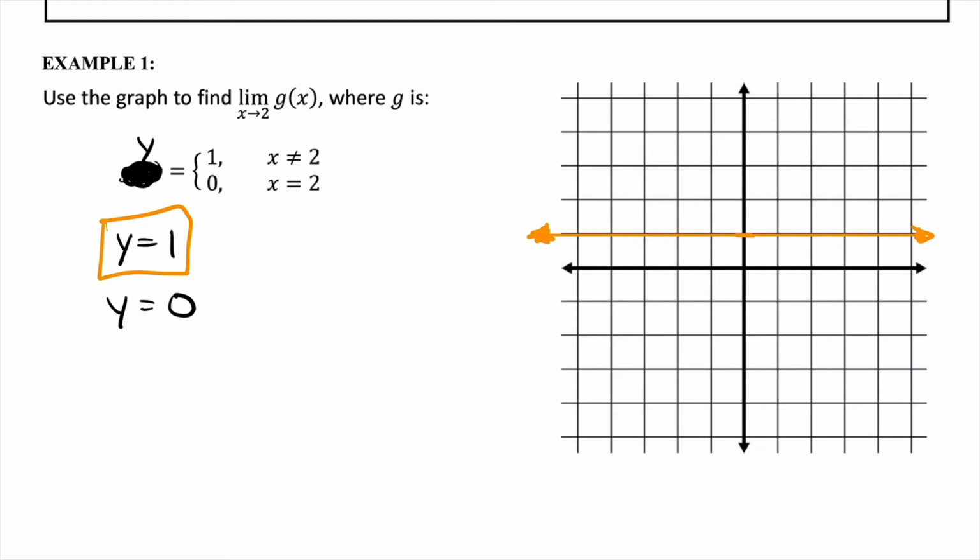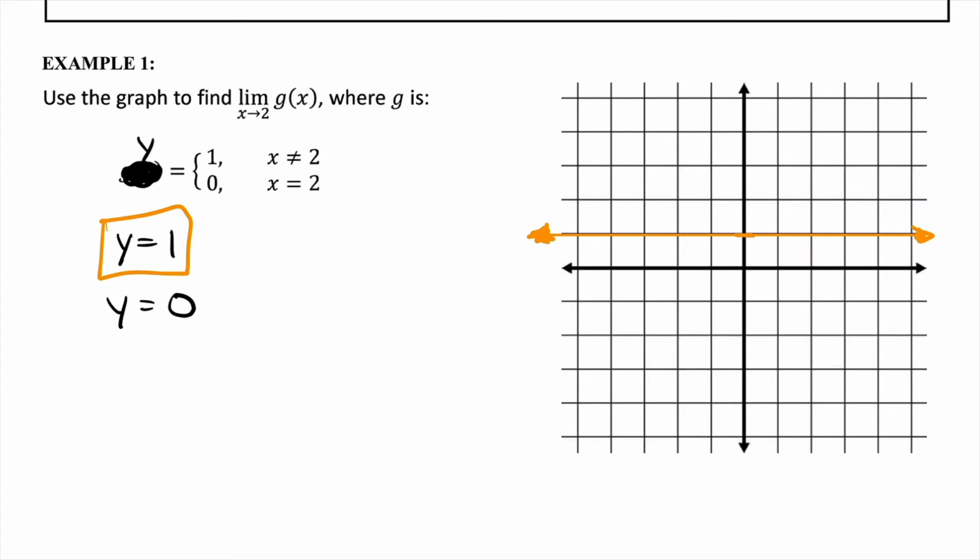There's a problem, though. What's the problem with drawing that line? What's the domain for that line that I just drew? It goes everywhere, right?